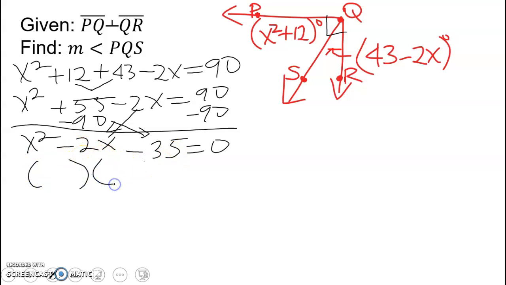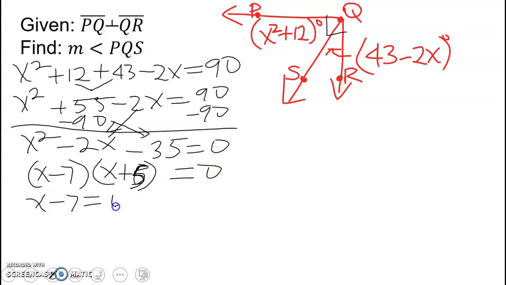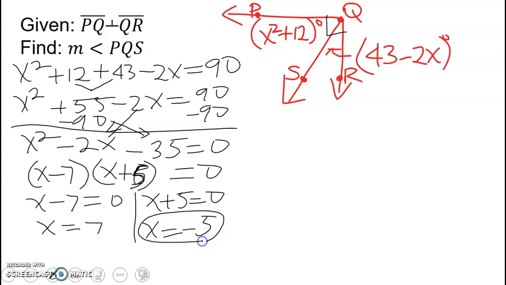Those two numbers are negative 7 and positive 5. So x minus 7 equals 0, or x plus 5 equals 0. Therefore, adding 7 to both sides, x equals 7, and subtracting 5 from both sides, x equals negative 5. Those are the two possible solutions for that quadratic.